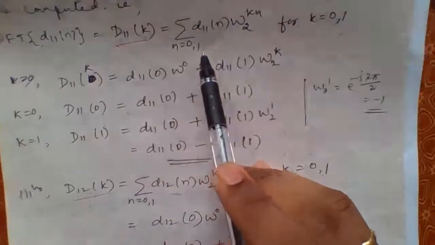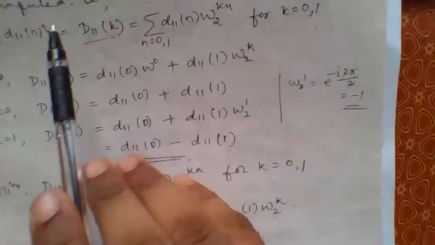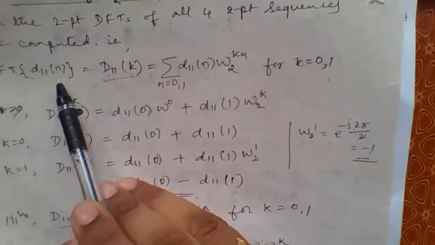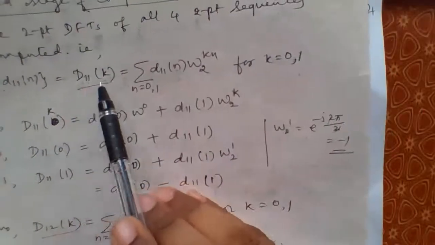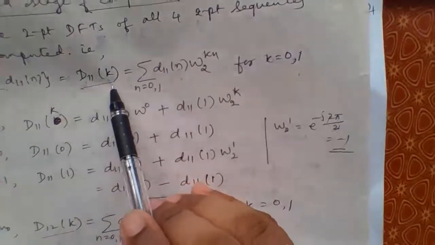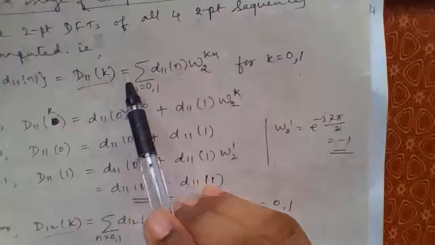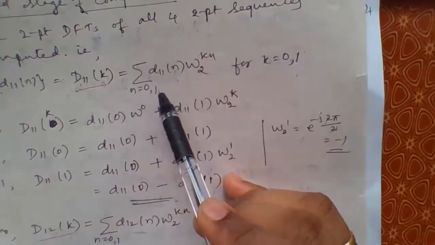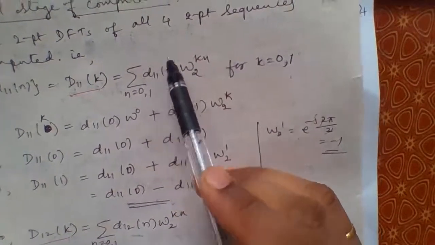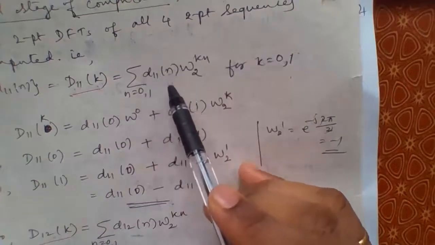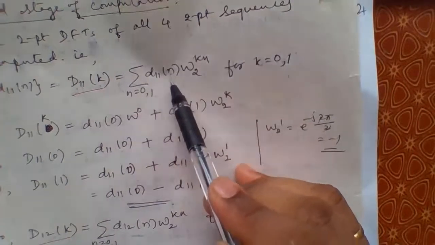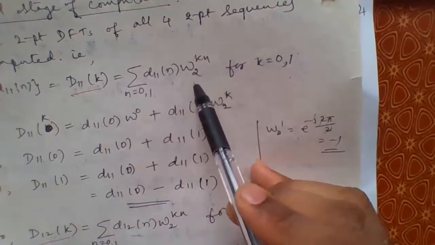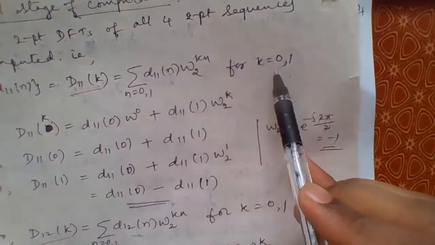The D11 of K equation is the same as our very first DFT equation, only the input sequence is now D11 of N, substituted into W raised to Kn. Here you should observe the suffix is 2 because it is only a 2-point DFT calculation.